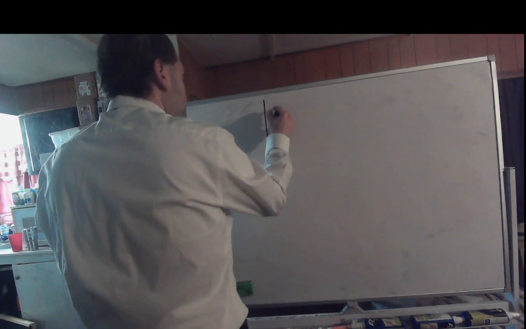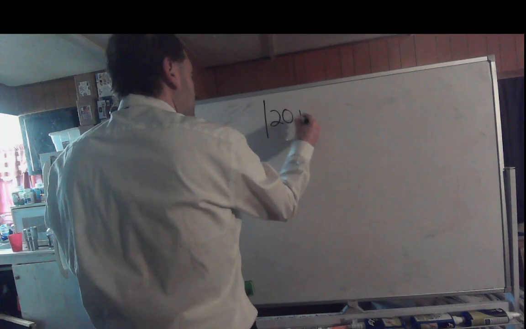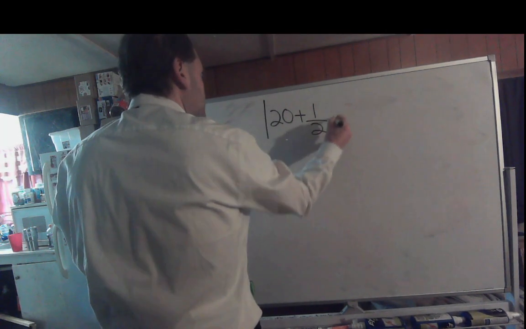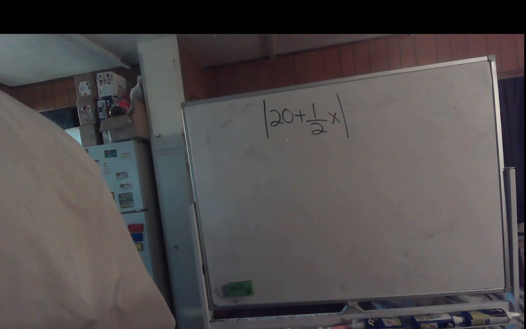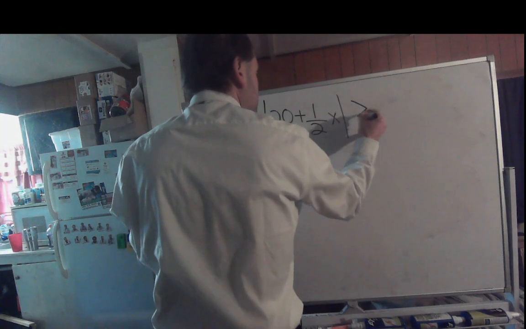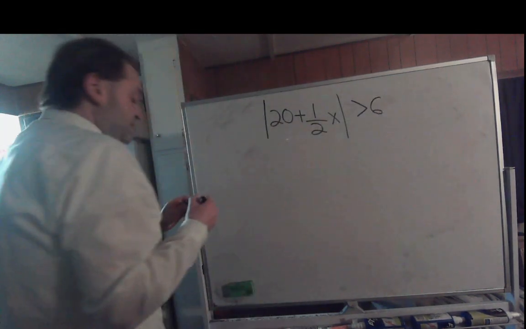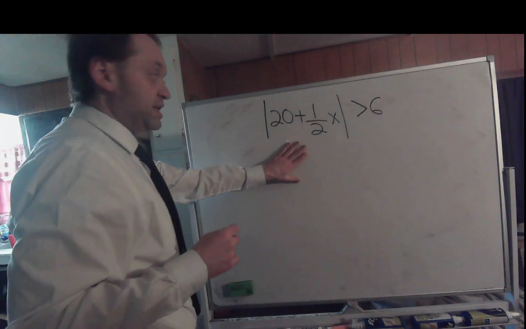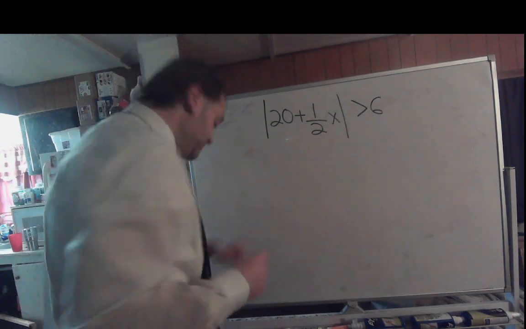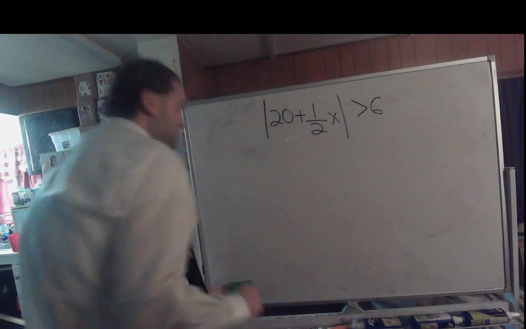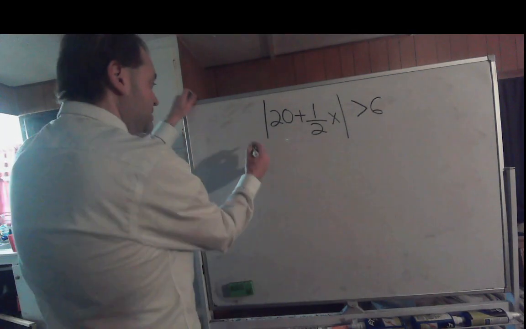All right, the absolute value of 20 plus 1/2 x is greater than 6. We'll split this into two separate inequalities.